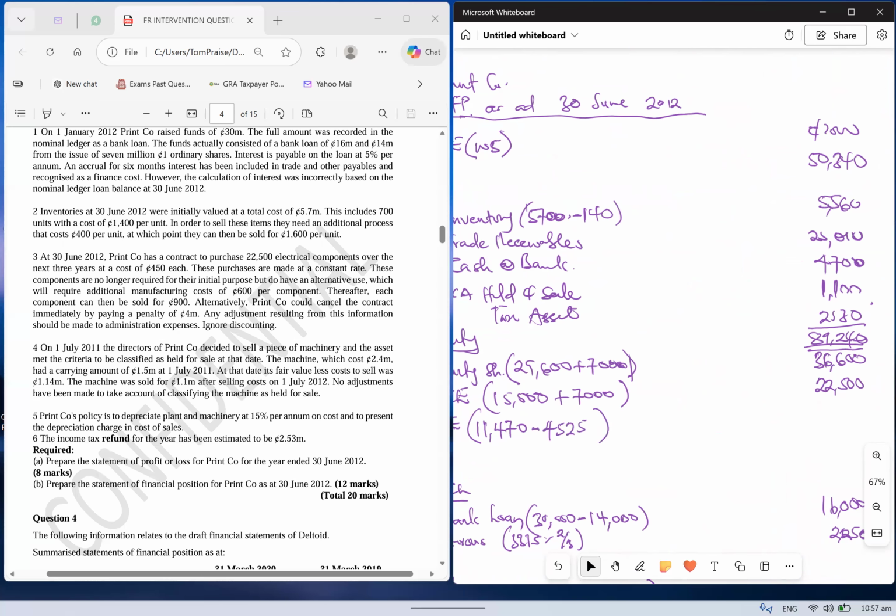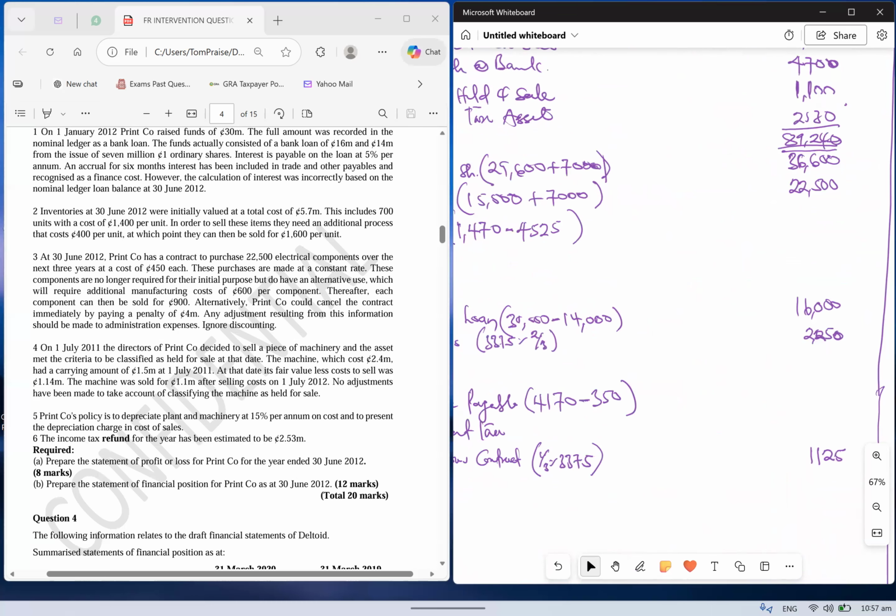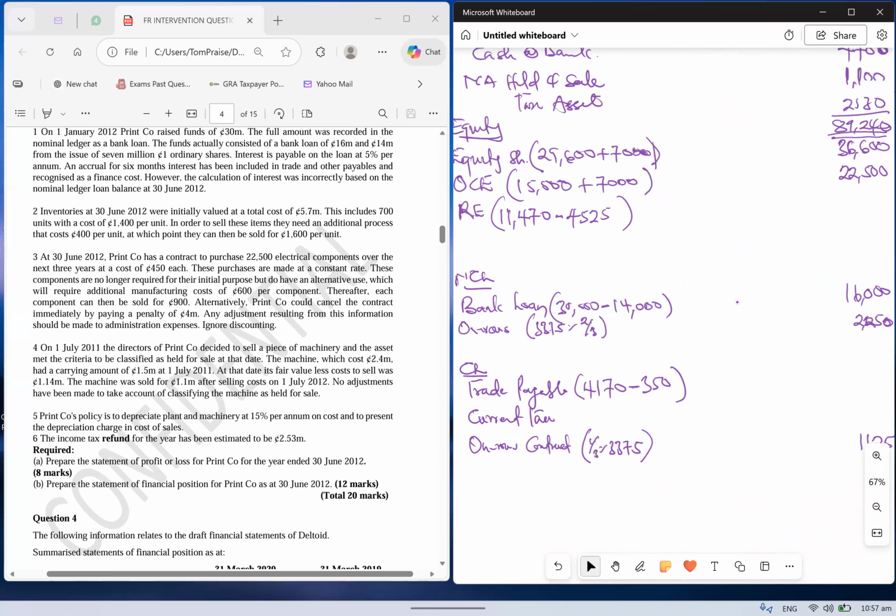Now add it up. Let's see if it will balance. So current tax was the same. The tax here, we won't have this one because it was a tax asset.